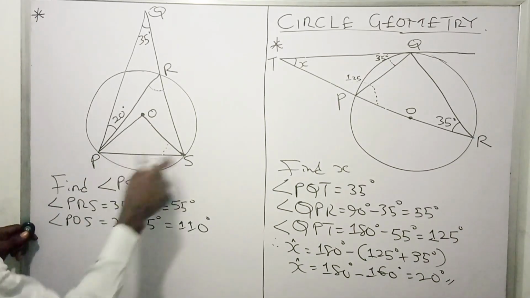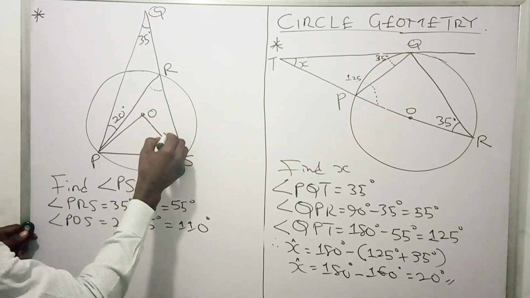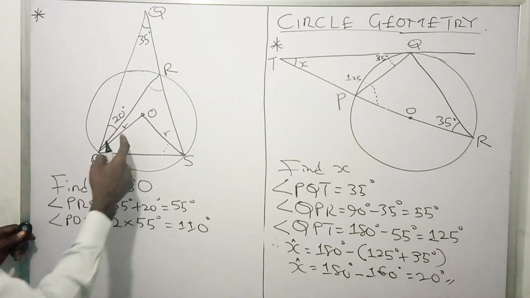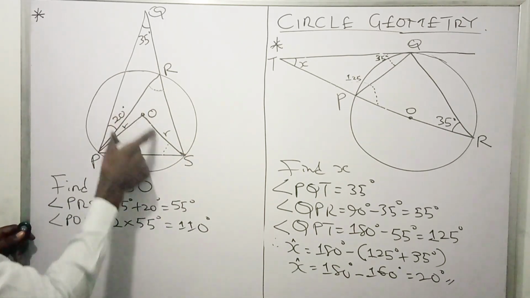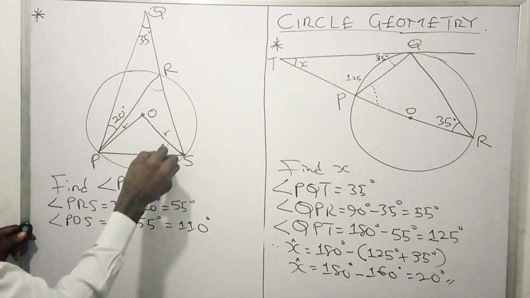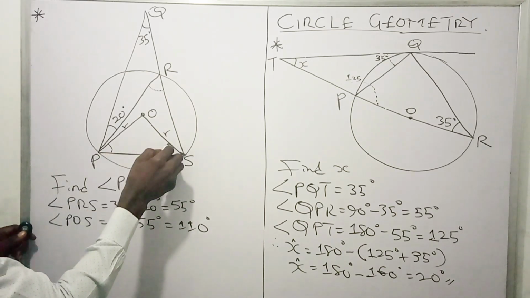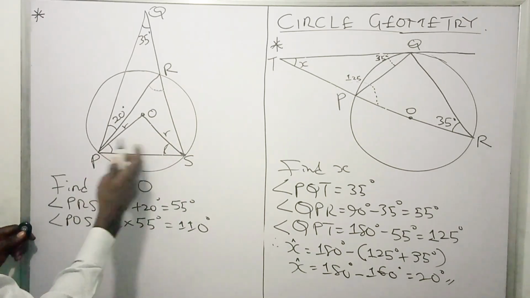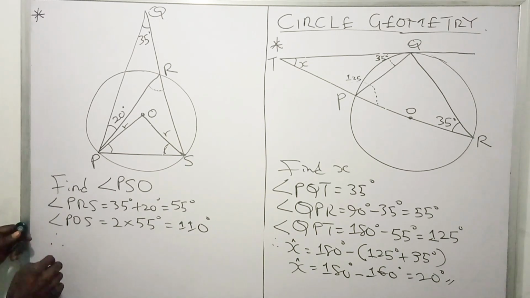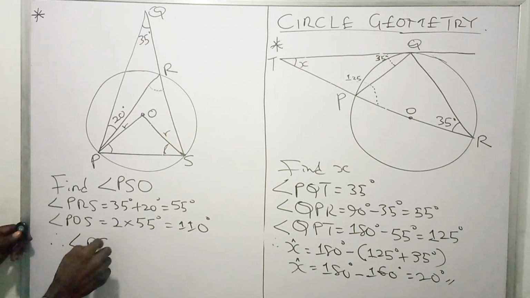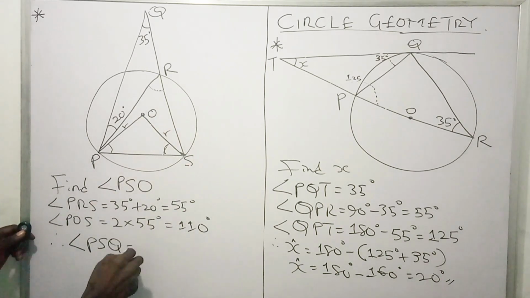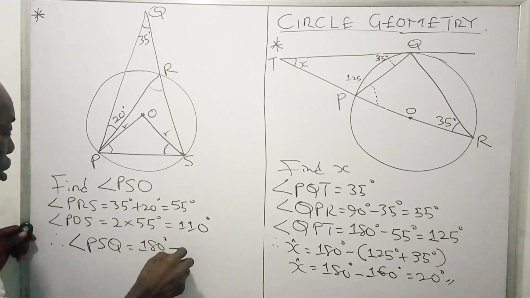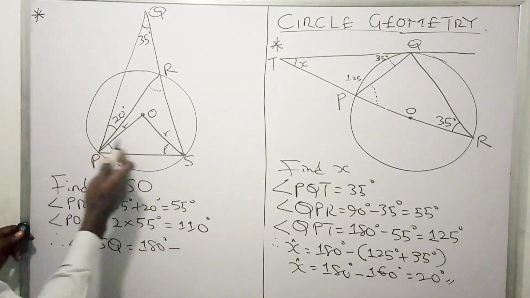So now that we have POS, this is the center of the circle. So here's the radius, and the radii are the same, which gives us an isosceles triangle. If this is an isosceles triangle, then its base angles are equal. So for us to get the size of angle PSO, which is the one we're asked to look for, it's going to be 180 degrees. Remember that the sum of angles in a triangle is 180.